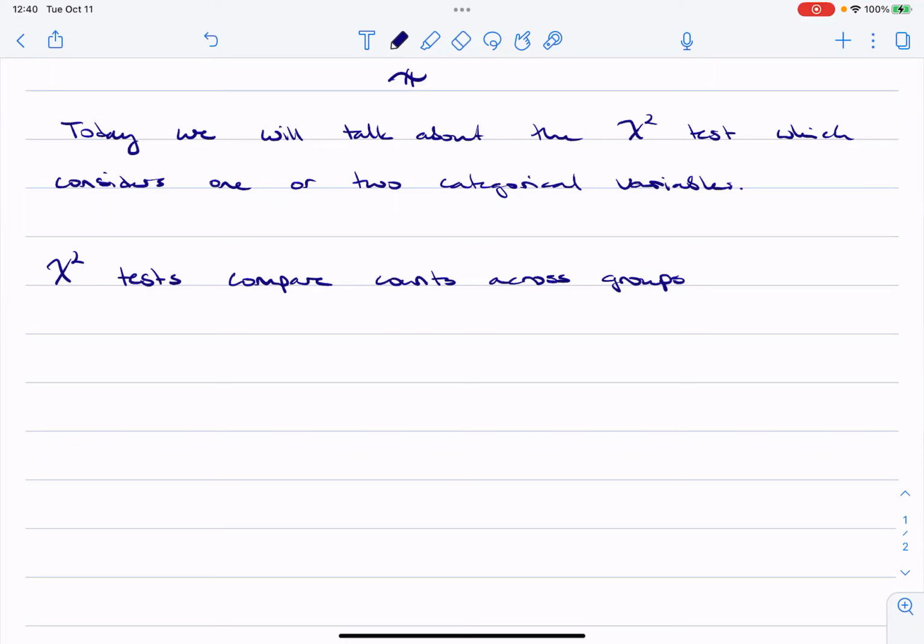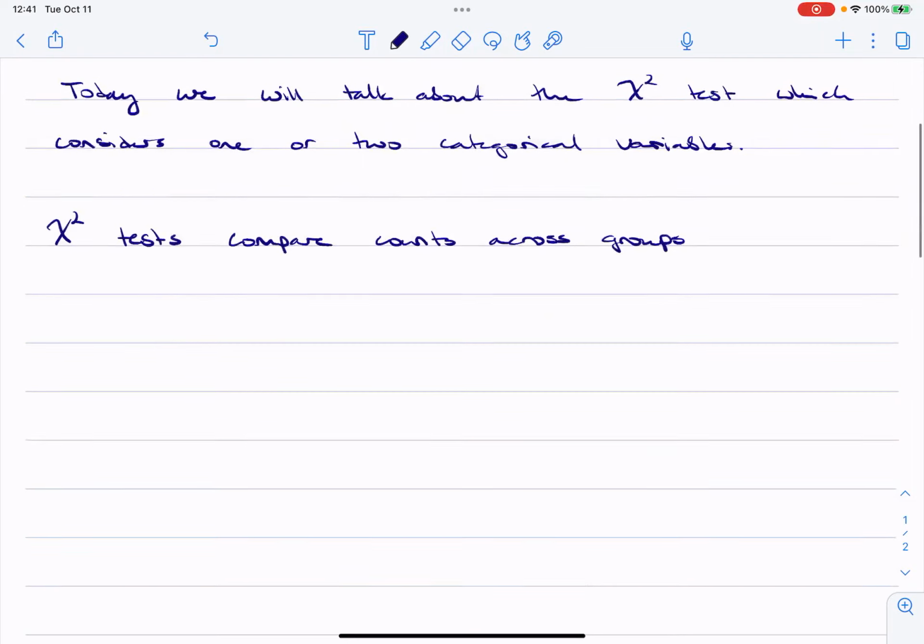We're usually going to use it for more than two groups, because if we only have two groups, we could use a z-test for proportions across the two groups, p1 hat, p2 hat, that kind of thing, which we've done. You can use it for one or two, but usually, the chi-squared test compares counts across groups, and usually more than two groups.